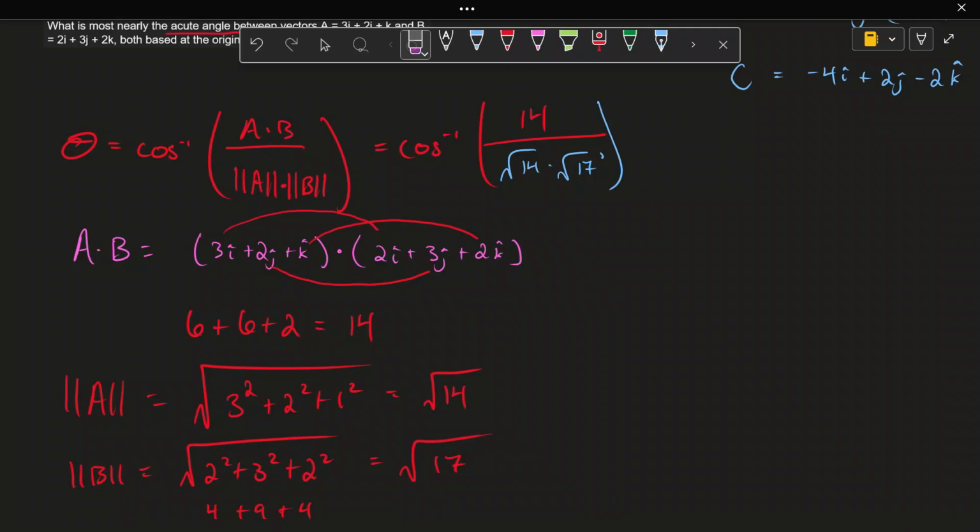And for this here, we're pretty much done now. We just plug this into our calculator. This should be in degrees, by the way, so make sure when you plug this into your calculator, you put this in degrees.